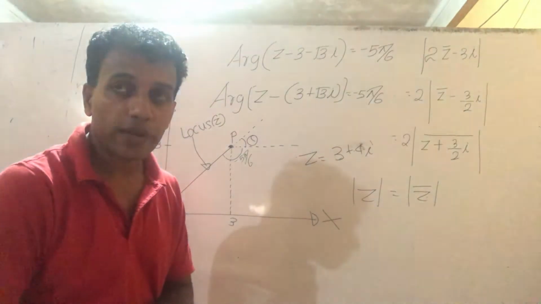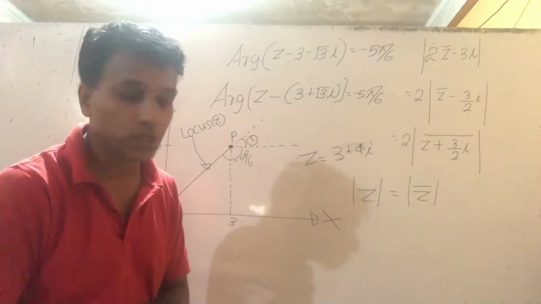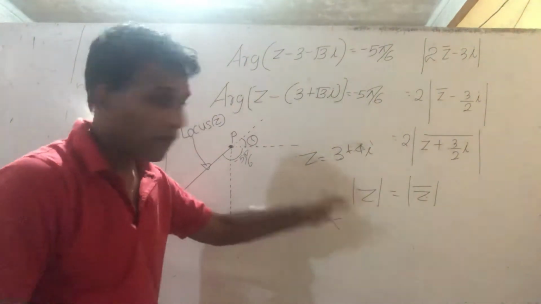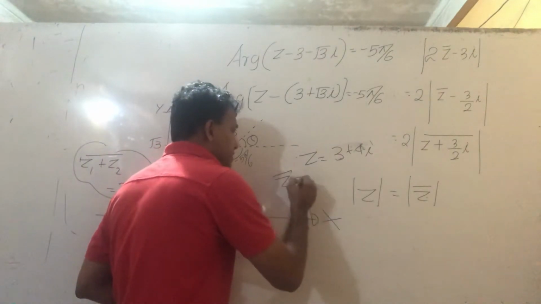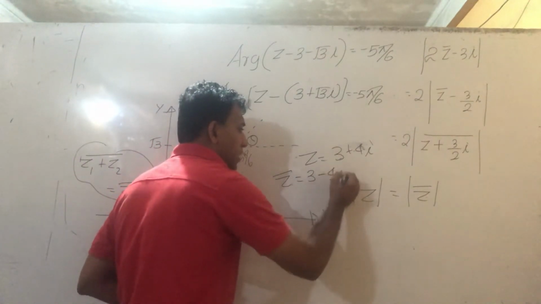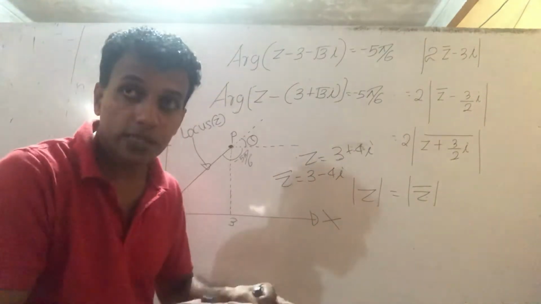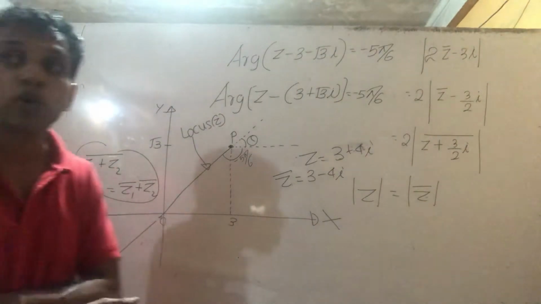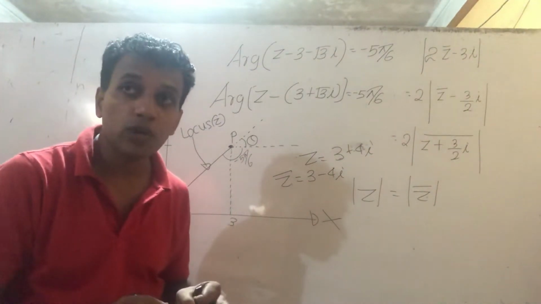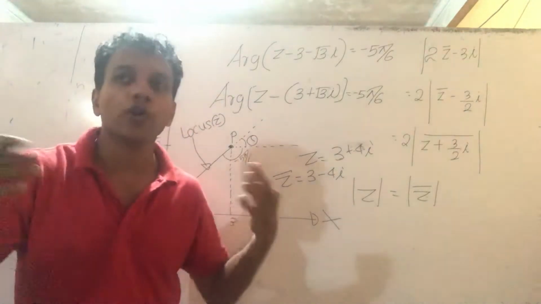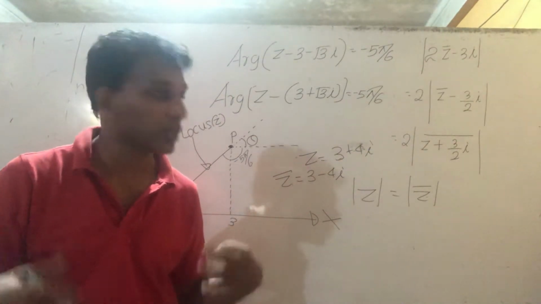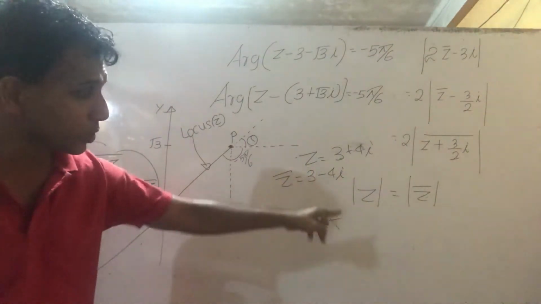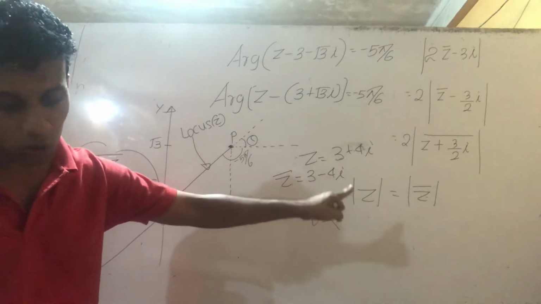Square root of the real part squared plus the imaginary part squared: 9 plus 16 is 25, that is 5. What is z bar? 3 minus 4i. What is its modulus? Square root of the real part squared plus the imaginary part squared, also 5. Therefore, inside the modulus, there is no problem whether there is a bar or not, with or without conjugate. This theory is very important: mod z equals mod z bar.